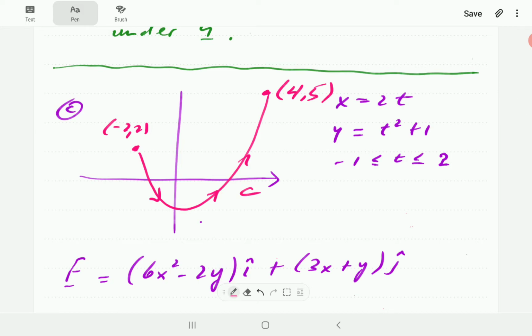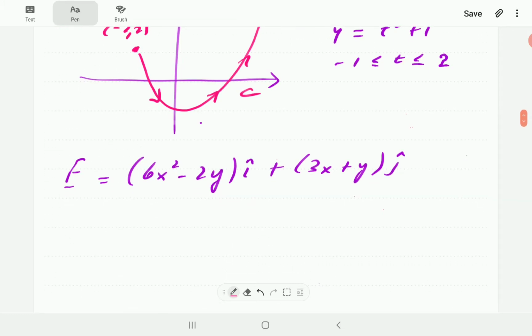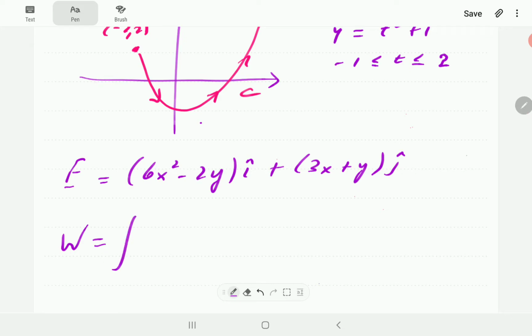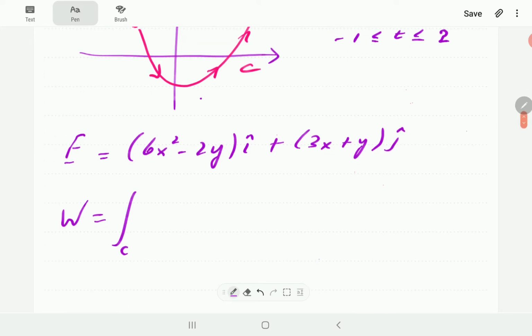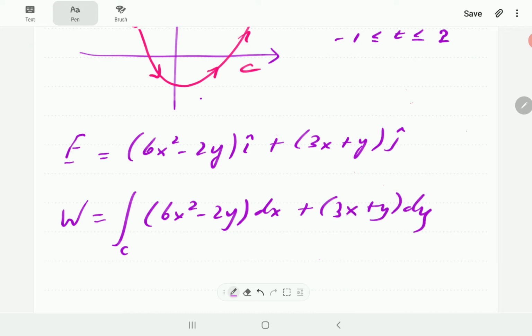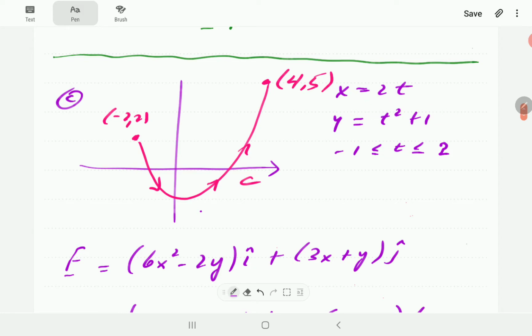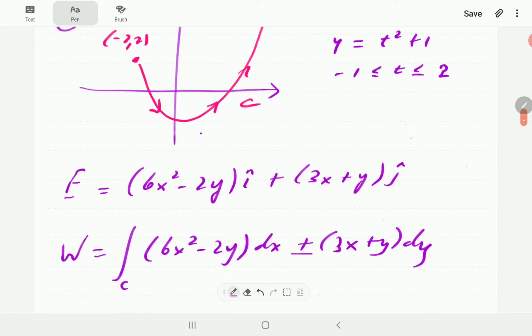From parts A and B, we said once we have the integral for the work done, which is going to be (6x squared minus 2y) dx plus (3x plus y) dy, then we seek to use the equations of the curve to express this integral in terms of one variable.